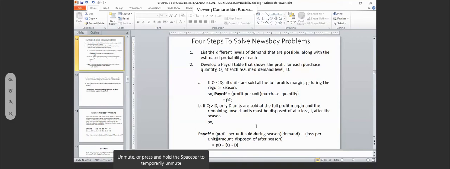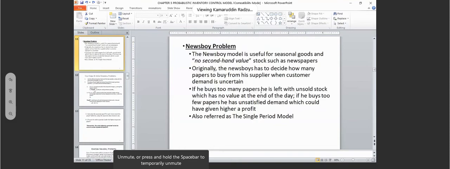Because there are a number of slides to be discussed under the newsboy problem model, I don't want the discussion hanging at some of the steps in the newsboy problem. So I stop at this slide and we continue our discussion of the newsboy problem next class.